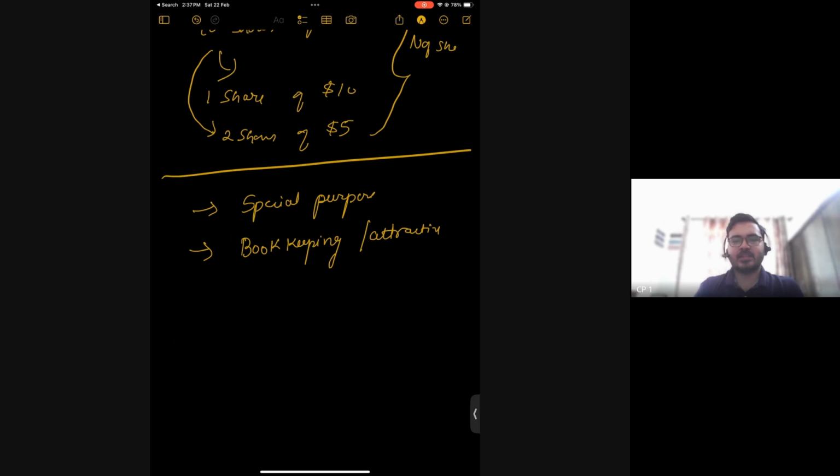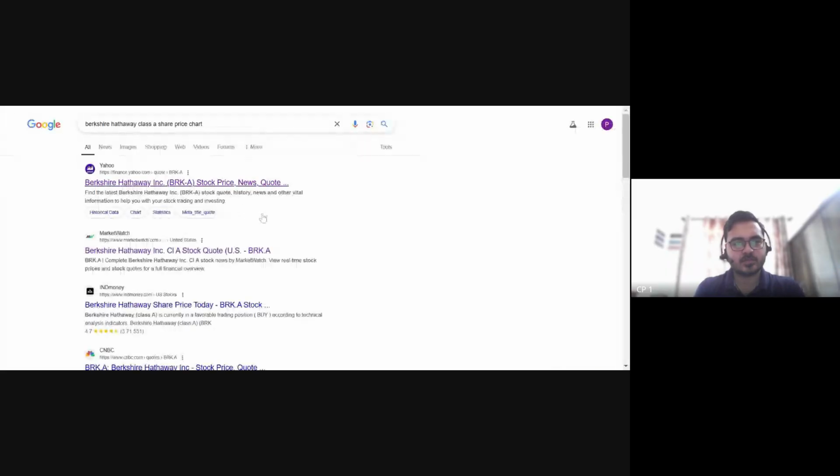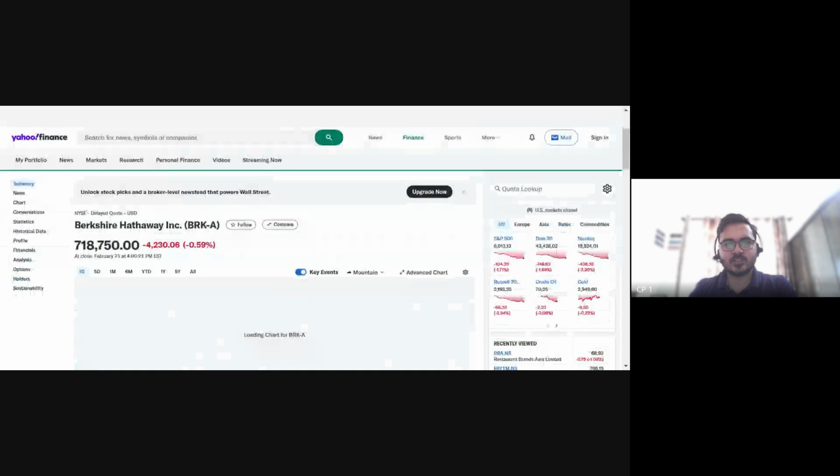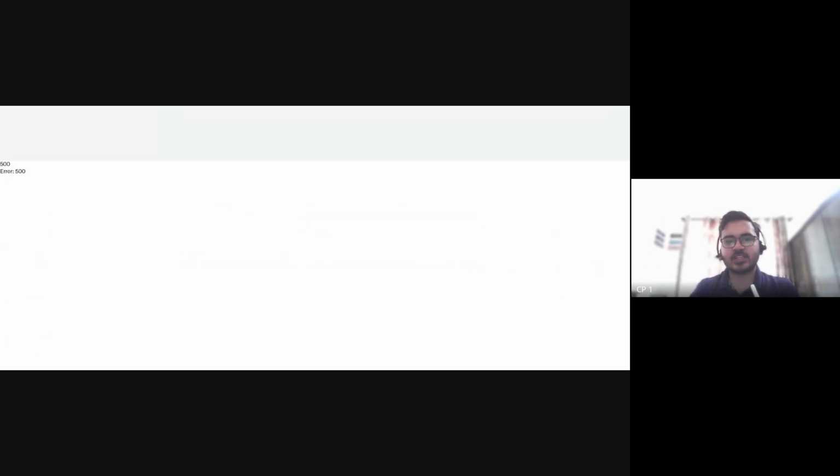A classic example, let's just see what example that we can give over here. Give me 1 second. Let me just share my screen. Let's take the example that we had already taken, Berkshire Hathaway share price. Now, if you look at this, the problem with a Berkshire Hathaway share is that it is valued at 718,750 a piece, which means if you want to buy a single share of Berkshire Hathaway, you need to have at least $700,000 in your bank account.